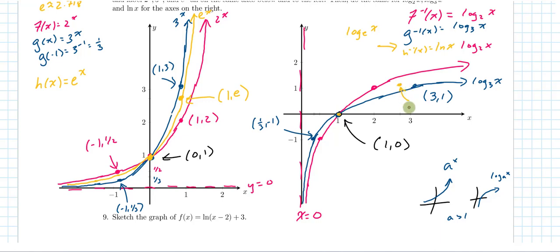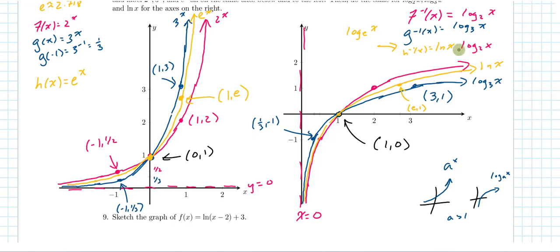Now, this is a little bit harder to see, but just like all three of these points have the same x-coordinate, all three of these points right here should have the same y-coordinate. And then I can go ahead and sketch the graph of the natural log of x between the two.